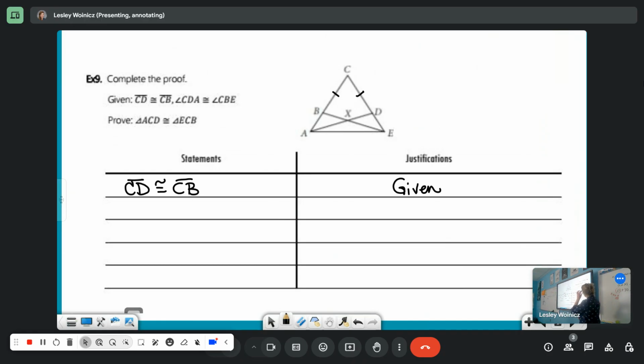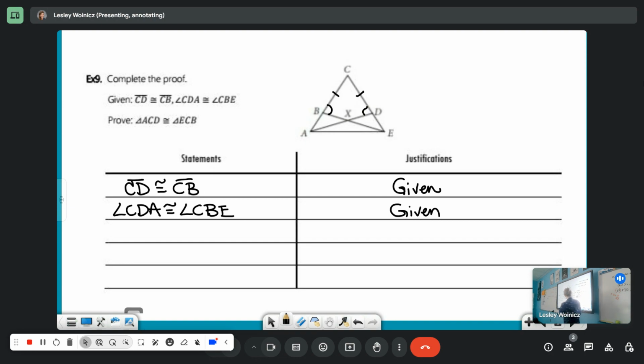Okay, and I know that CDA is congruent to CBE. Do you guys see the two triangles that are happening here?